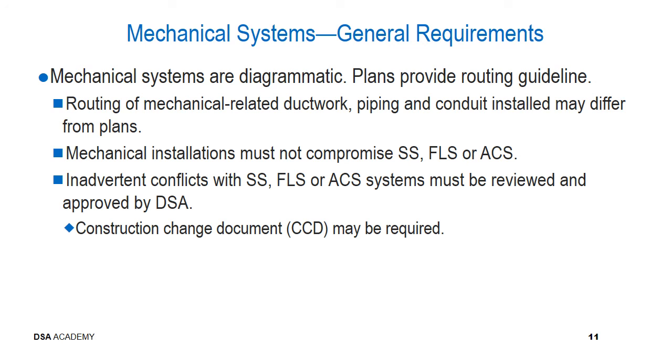Upon discussing these conflicts with the DSE, it certainly may be required that a construction change document is issued by the design team to the Division of the State Architect for formal review and approval of the conflict or the proposed resolution to the conflict by the design team members.